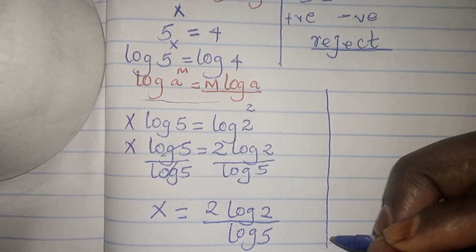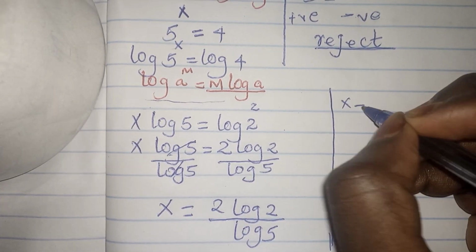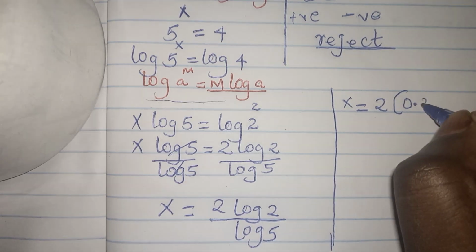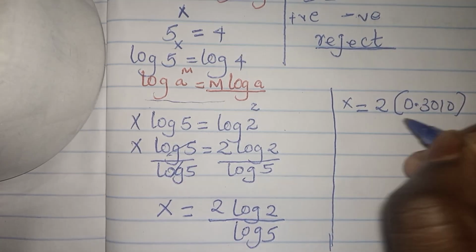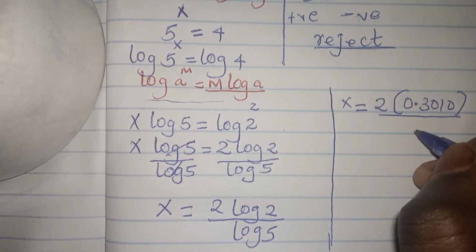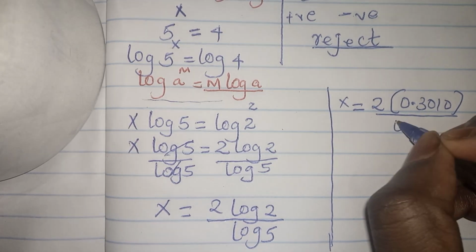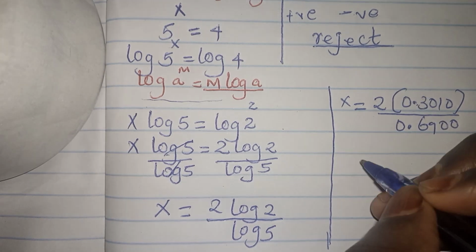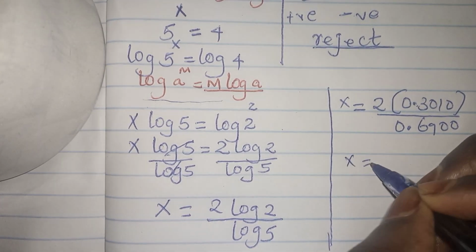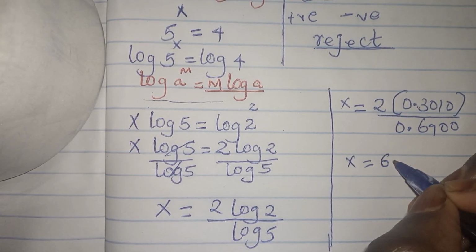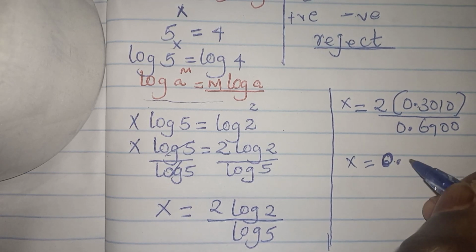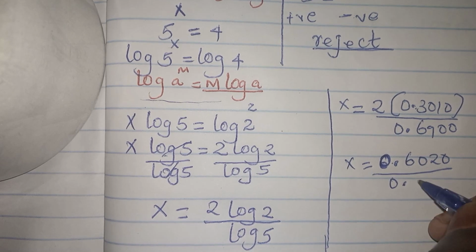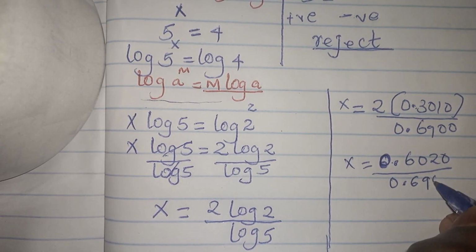So let us use our calculator. X is equal to 2 log 2. Log 2 is 0.3010, divided by log 5 which is 0.6990. So when you multiply this, you are getting x is equal to 0.6020 divided by 0.6990.